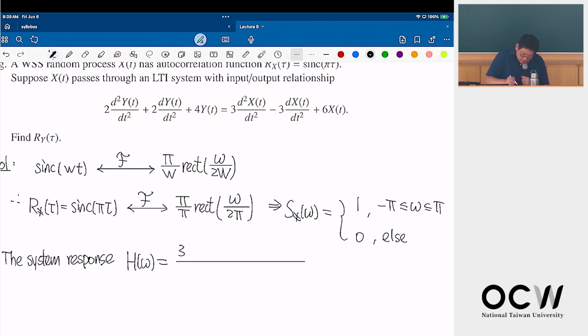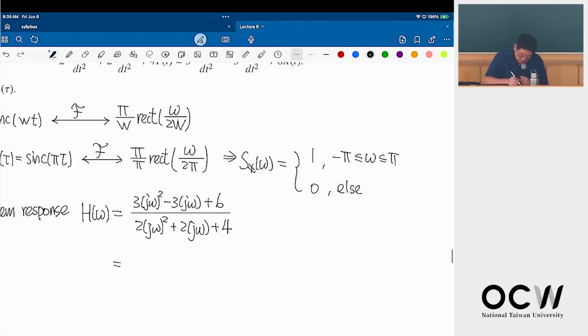So 3 (j omega) squared minus 3 j omega plus 6, over denominator 2 (j omega) squared plus 2 j omega plus 4. That's equal to 3 over 2 minus omega squared minus j omega.